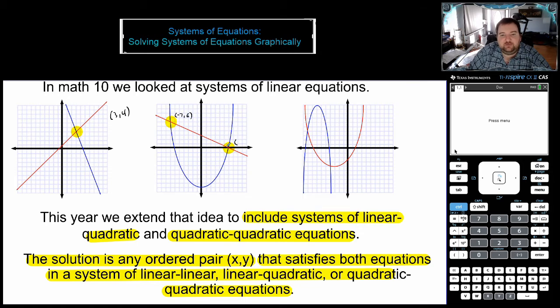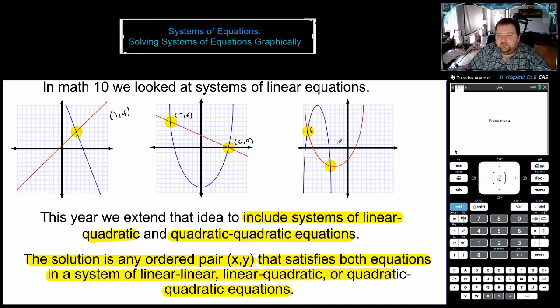And it has another solution here, which is (6, 0). So two solutions, 2 points of intersection. And then of course on this one, there's an intersection here and an intersection there. And those are going to be our solutions.